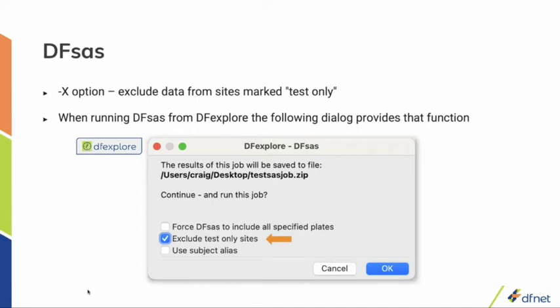But if you're running DFsas from DFexplore, and if you remember, you have to go into list view first, and then you go File, DFsas, and then you get the DFsas dialog. When you run your DFsas job, you'll get this additional dialog that you see here on the screen. And there's a little option down there that says exclude test-only sites. So that's how you do it without the command line.